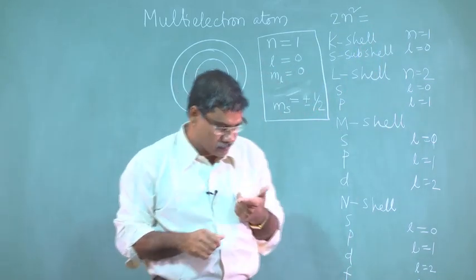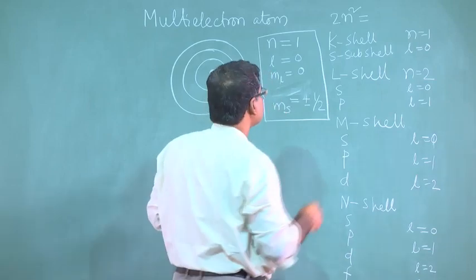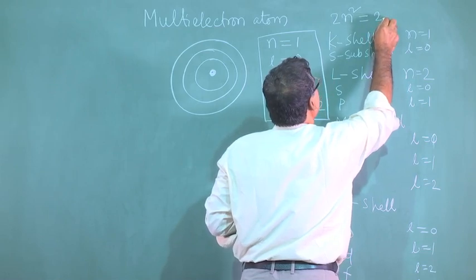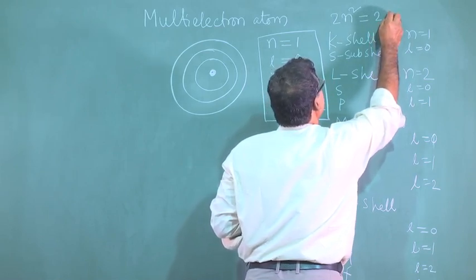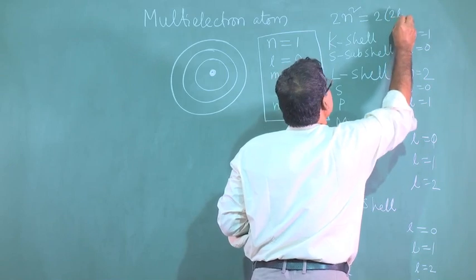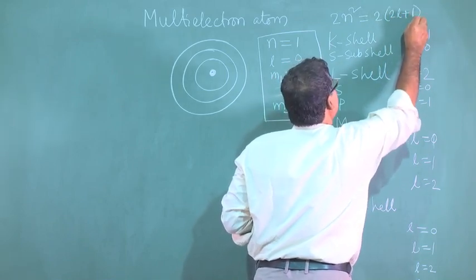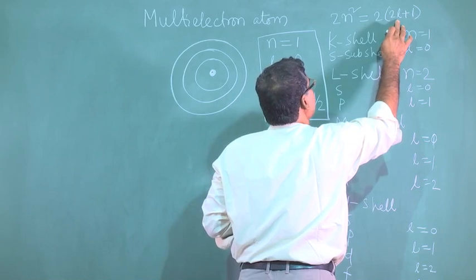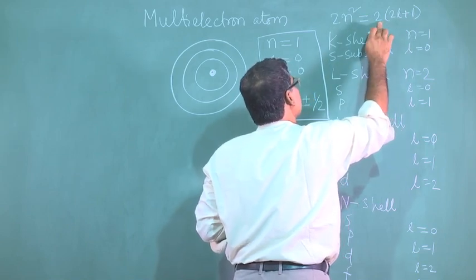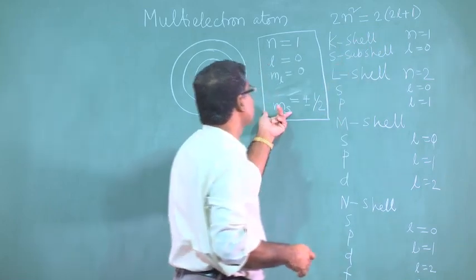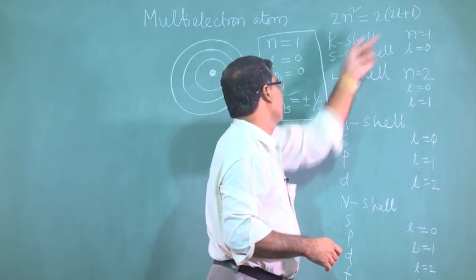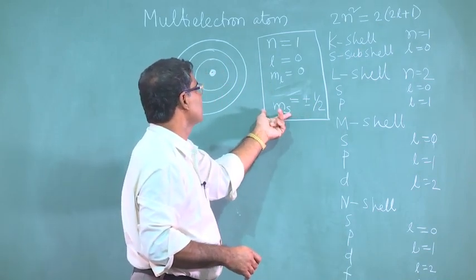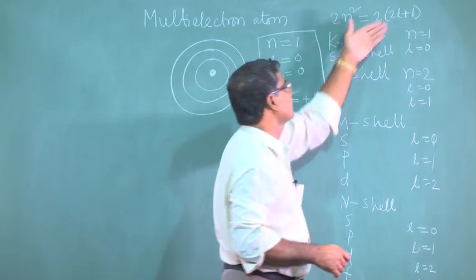For each n, it should be equal to 2 into (2L plus 1) for each subshell, and the 2 is coming from ms. For a particular L value, it can take 2 values of ms. So this 2 is coming from here.